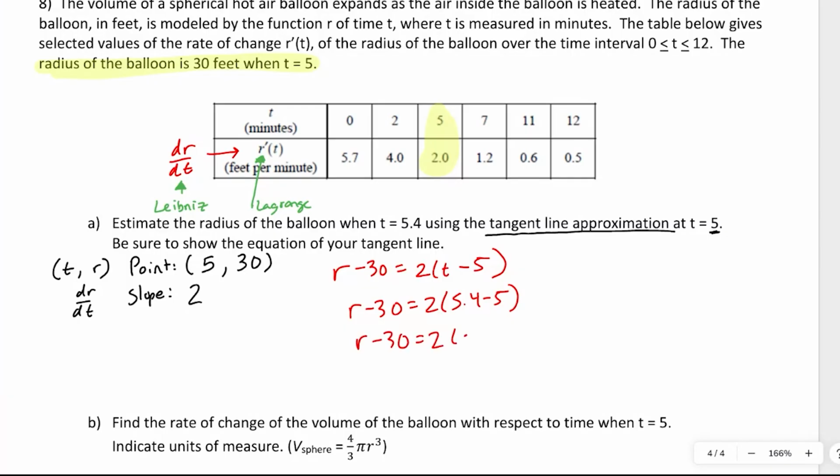So we have 2 times 0.4, which would be 0.8. If we add 30 to both sides, we get 30.8. So 30.8 feet.